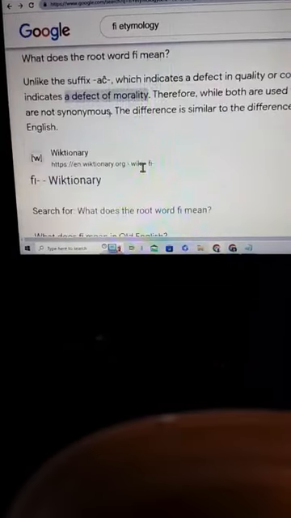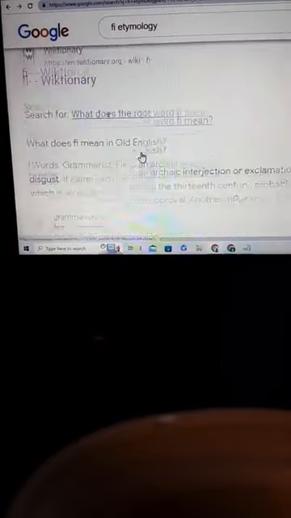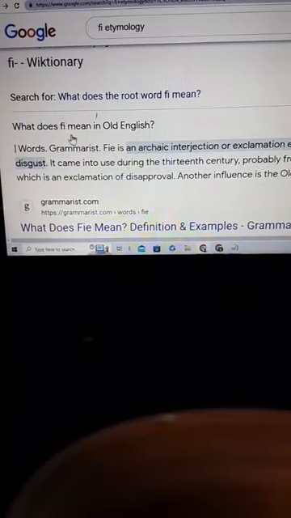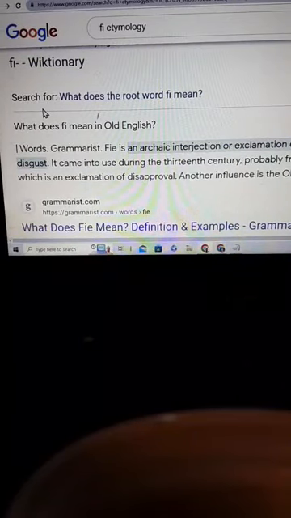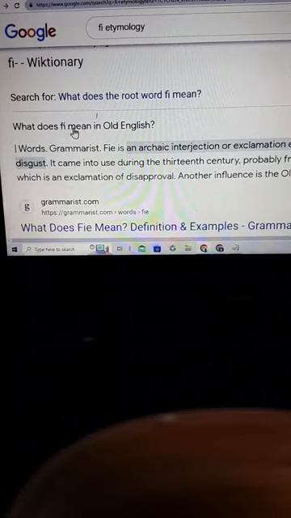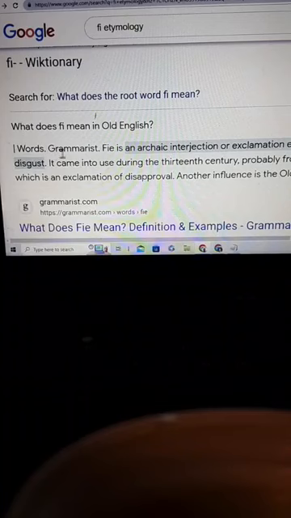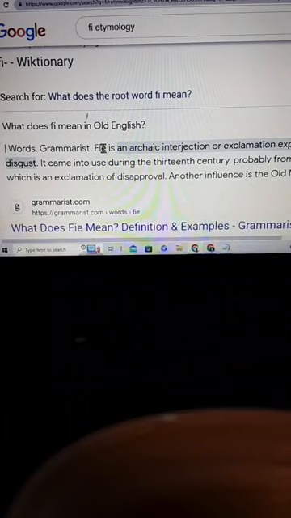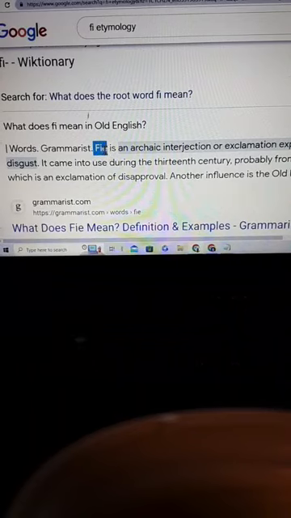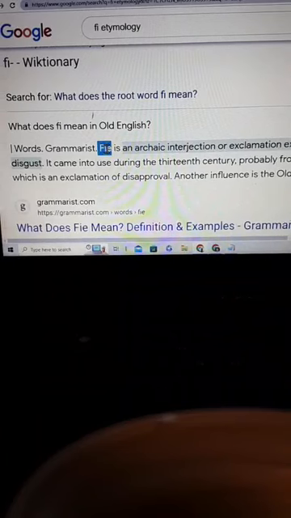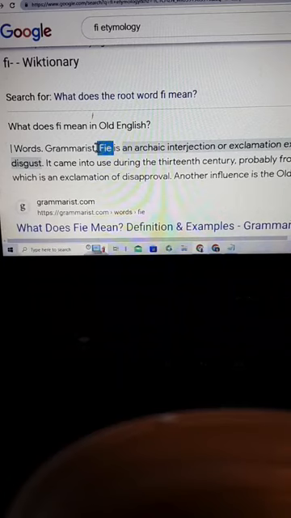As you go down, it will show you different questions that people ask. Fi under Wiktionary. What does fi mean in Old English as compared to New English? Words, grammars, fie, which is the Old English form that they changed it to when they adopted phi. Then the New English, again, adopted the Old English, but because it's New English, they wanted to make it easier, so they just used fi.